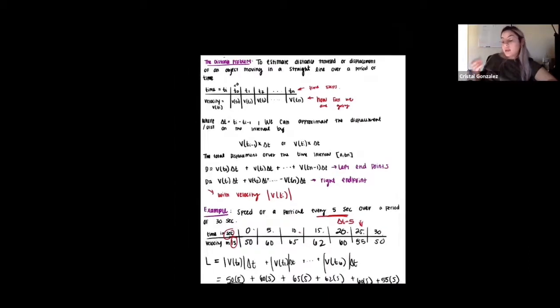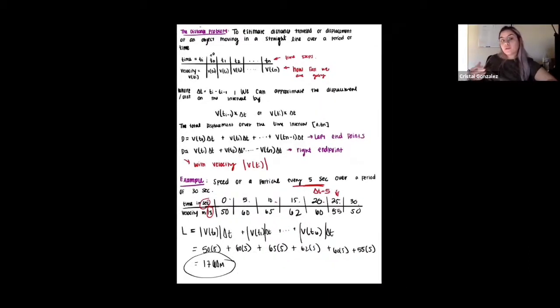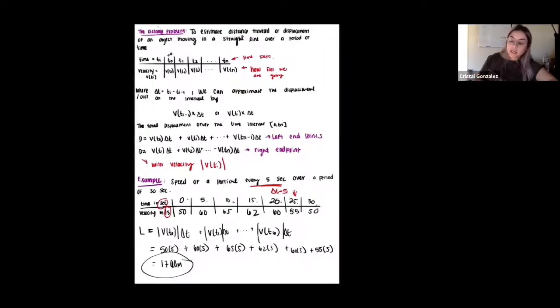Okay, and now you could do the exact same thing for the right endpoints, which I probably won't do in this video because I want you to give it a try. I'll give you a hint: for the right endpoints, instead of starting at v of t naught, you start at v of t1 because you're starting with the right endpoint.